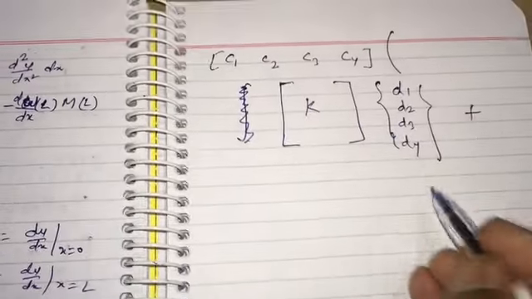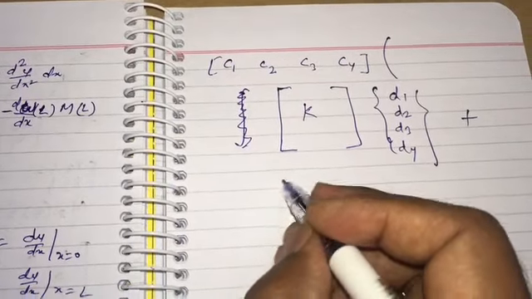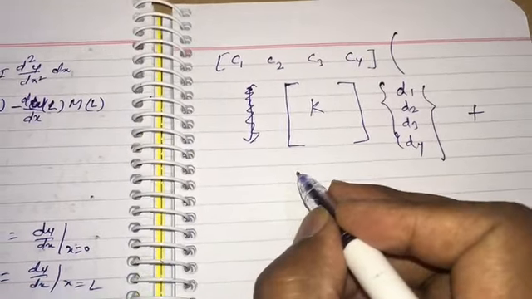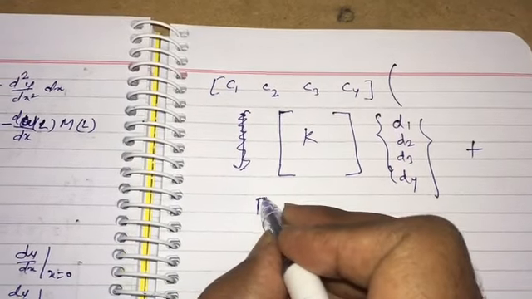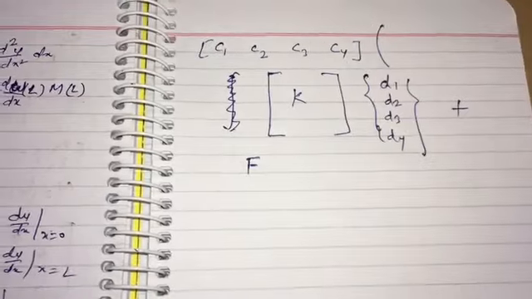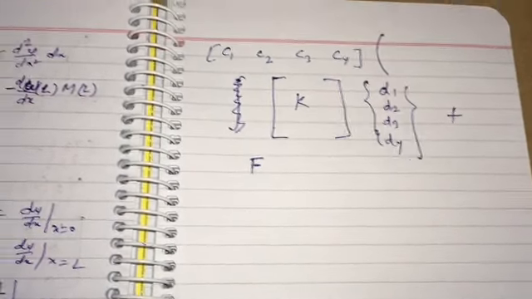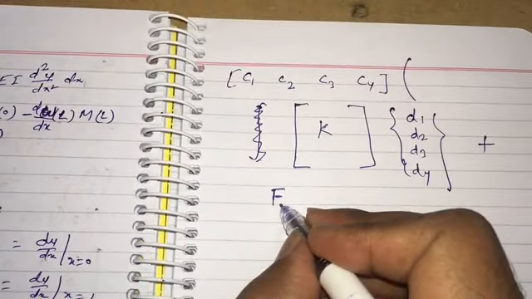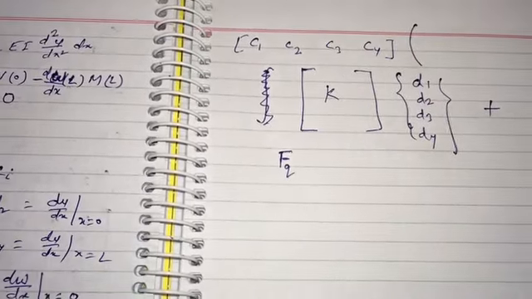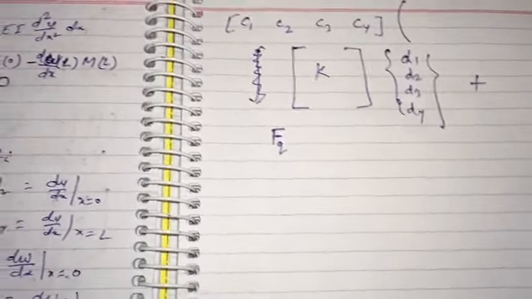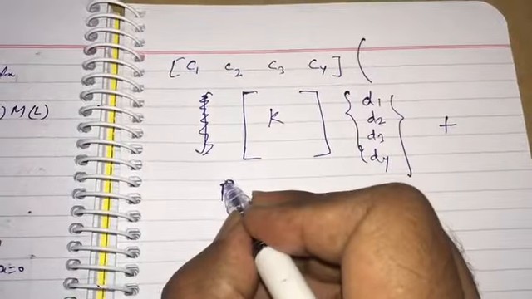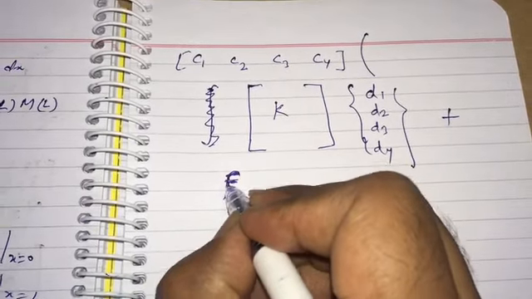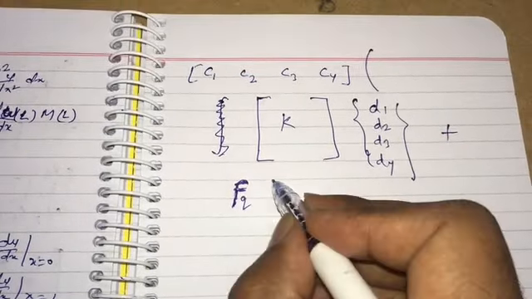What remains here, let's call the small f, Q vector, FQ, because it has Q in it.